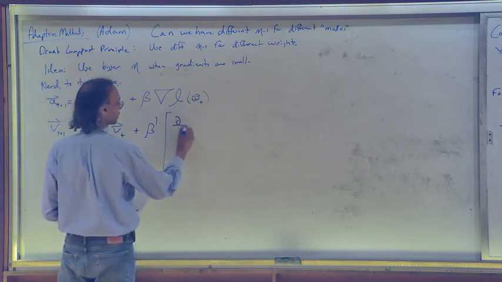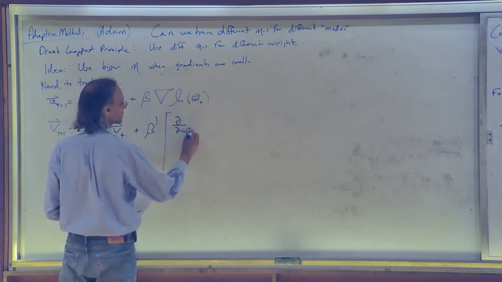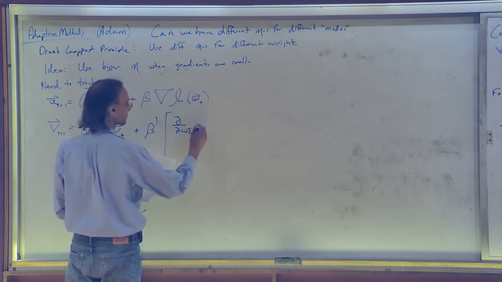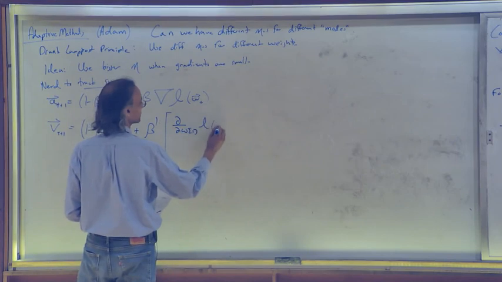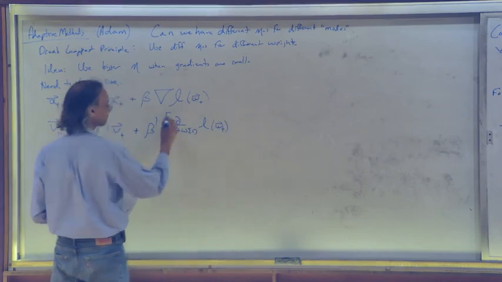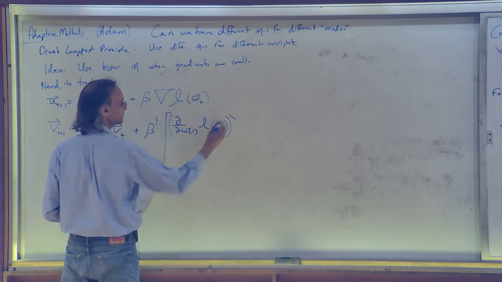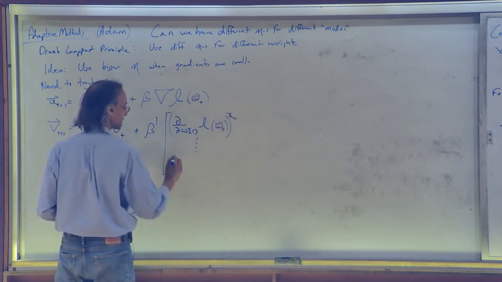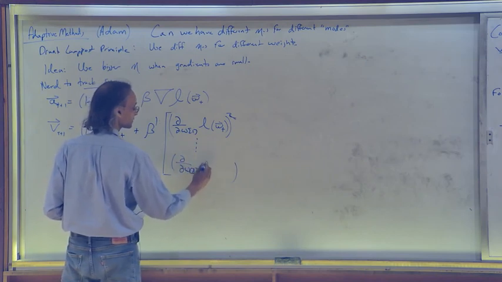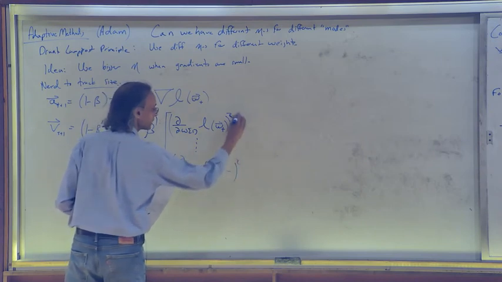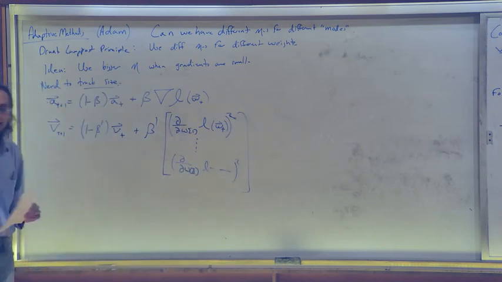So I look at the derivative of the loss with respect to the first parameter, evaluated at w_t, and I just square it. I do the same thing all the way to the last parameter I have. So this is the element-wise squared gradient.